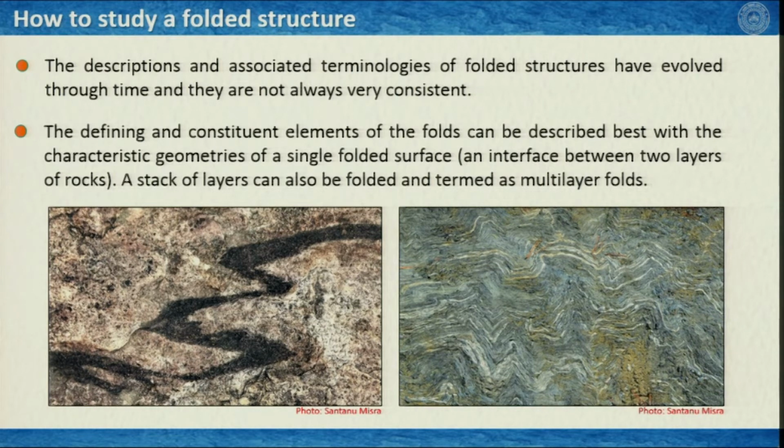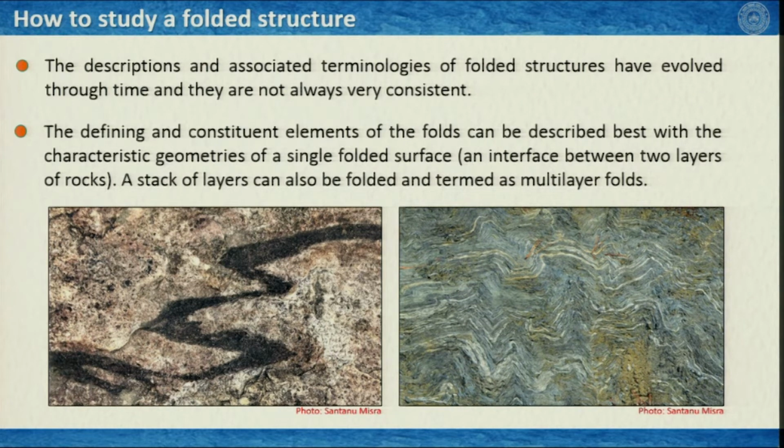To define a folded structure you can think in two different ways. The first one is that you consider a single layer or an interface between two layers, and then we call it a single folded surface. If you have two layers, you can think of their interface and how this interface defines the fold, or you can consider a very thin layer of rock and how it defines the fold.